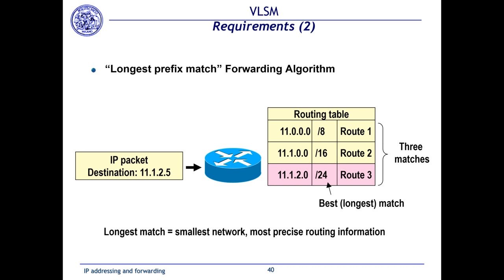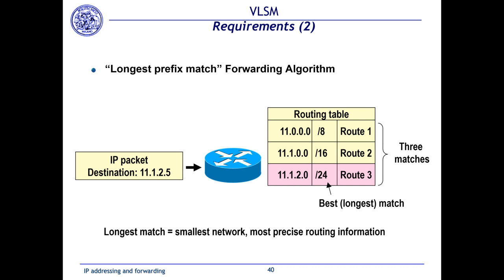Okay. So once the packet arrives to this router, which has the routing table supporting subnetting in that specific area, what is the final decision to take?